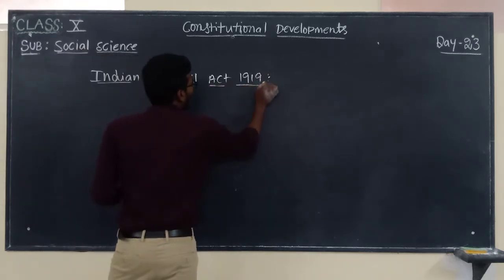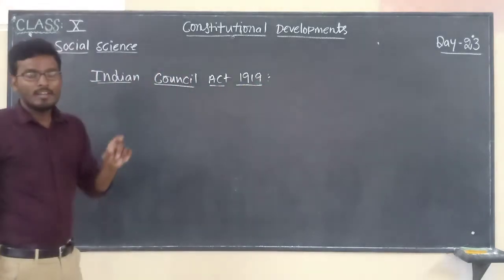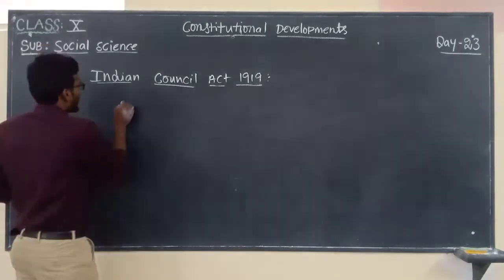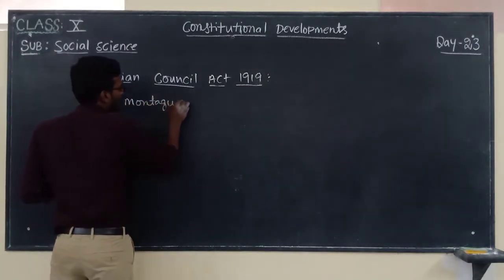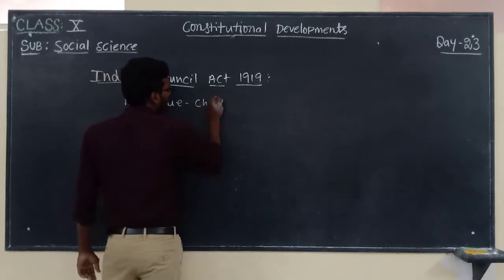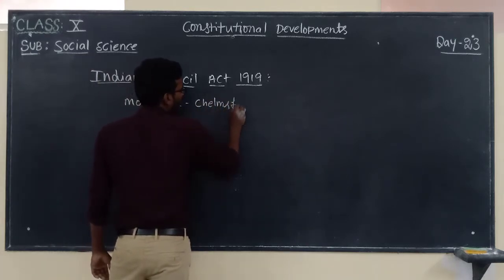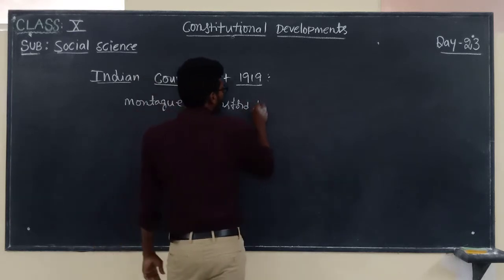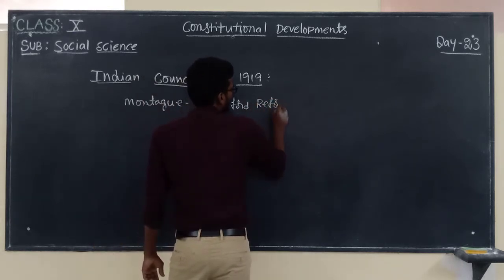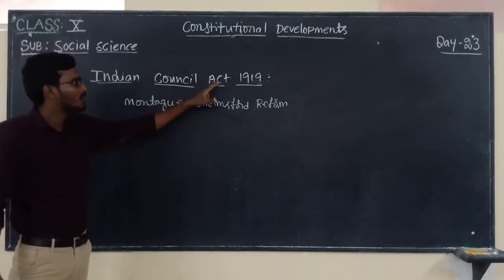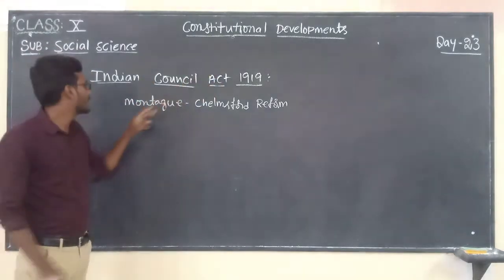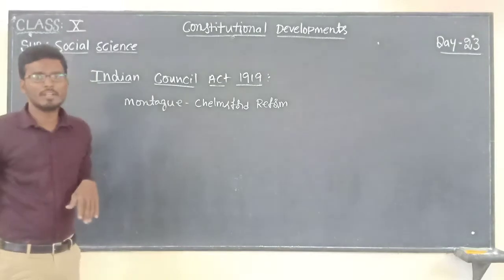This act is also known as the Montague-Chelmsford reforms. Another name of Indian Council Act 1919 is Montague-Chelmsford reforms.